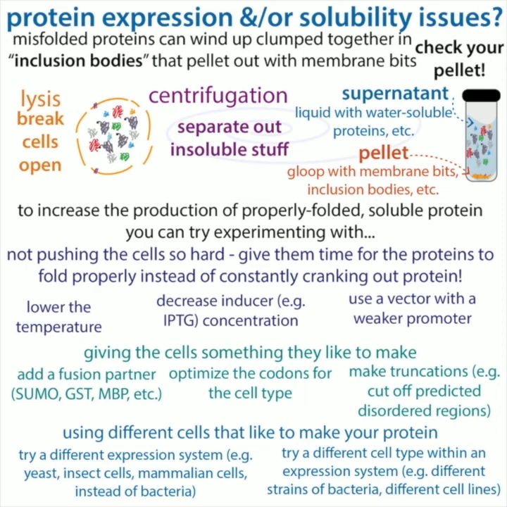You want to be taking samples of your input onto the column, the flow through, so what's going through without you adding the competitor, the wash, so what happens when you add the buffer without the competitor, and then the elution, so what happens when you add the competitor.